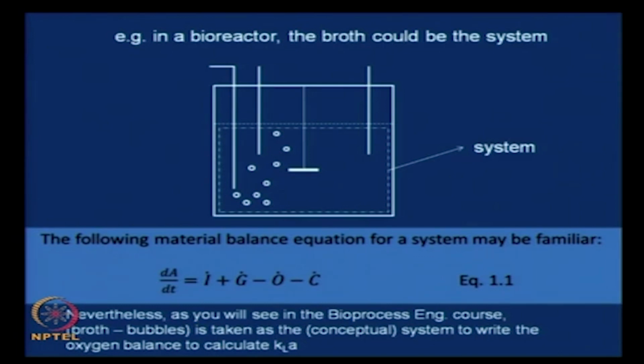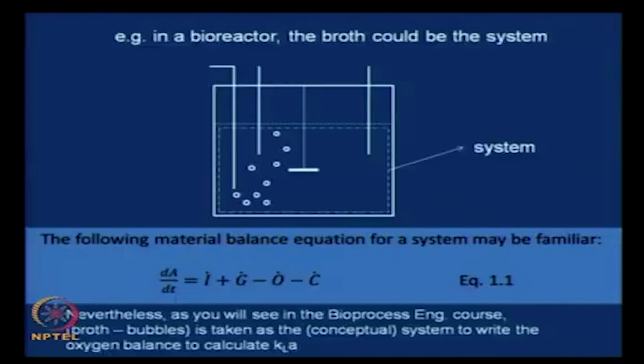As I said, this broth could be the system for the application of this material balance principle to some aspects. Nevertheless, as you will see later in your bioprocess engineering course, we can consider a system consisting of the broth and take the bubbles away from it conceptually. In other words, the system is going to be the broth without the bubbles in it. This is not reality, but conceptually we are considering the broth and removing the bubbles from it.